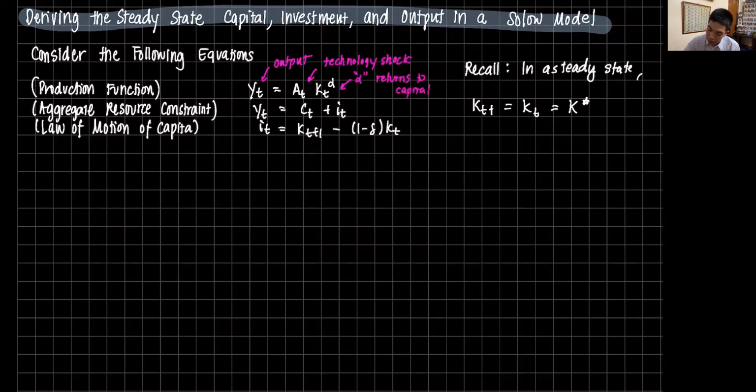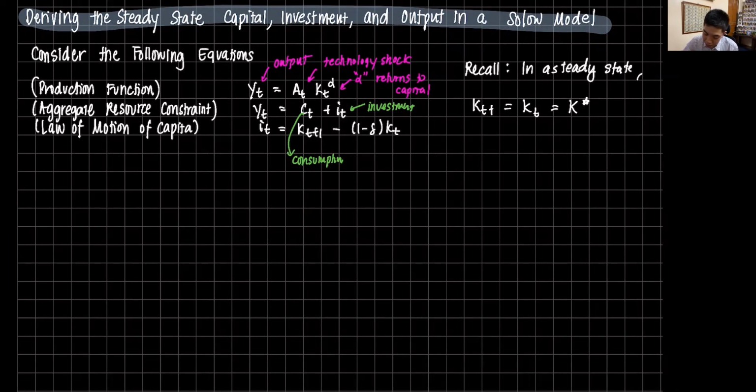The next equation that we have is our aggregate resource constraint, which has consumption and also investment. Notice in this simple model we don't have government expenditure, exports, or imports, just a simple model.